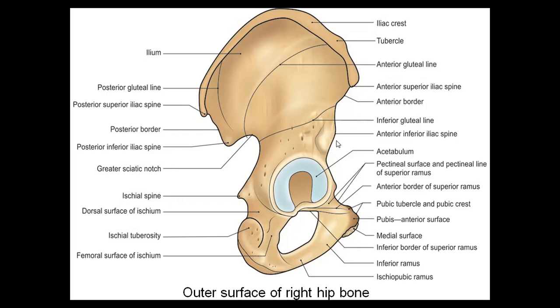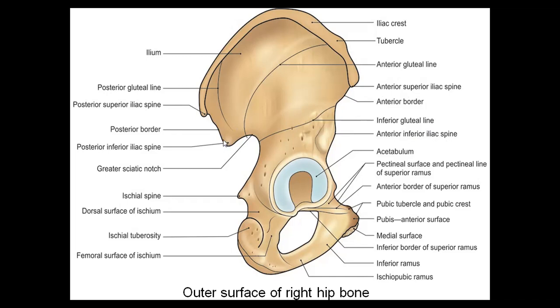Similarly, there is one more pointed end lower down, and because its position is down, you name it the anterior inferior iliac spine. When you see behind also, we have the posterior superior iliac spine and posterior inferior iliac spine.